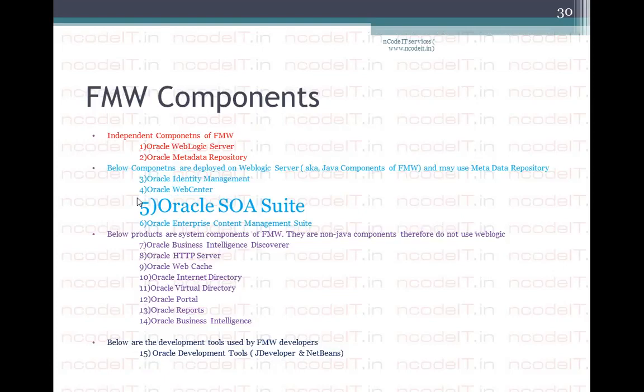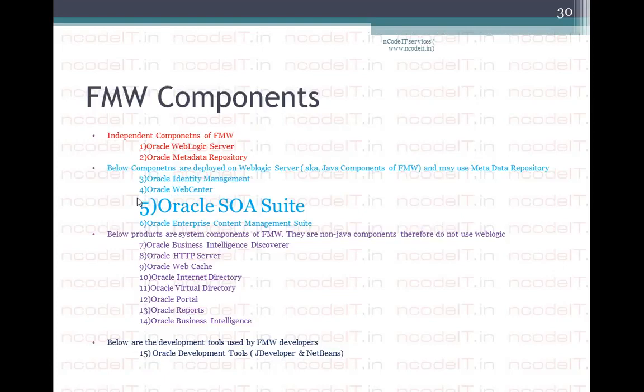One interesting thing is that MDS will be used by a lot of products. For example, MDS is used by Oracle SOA Suite, by WebCenter, and by OSB. So all Java components usually use MDS.